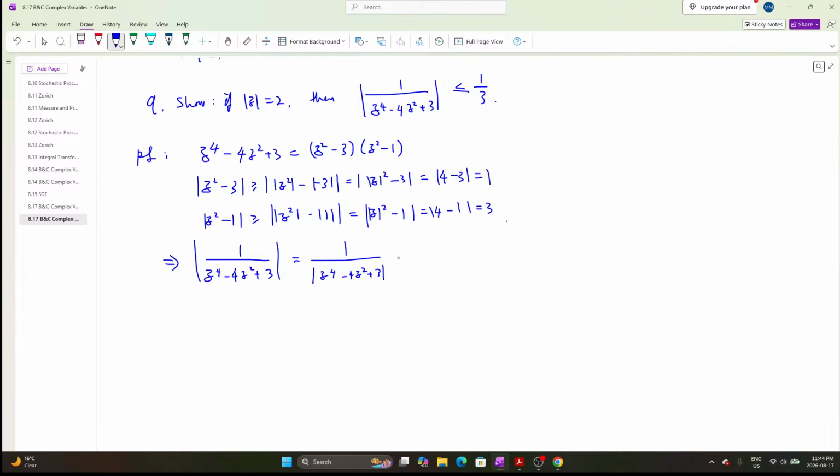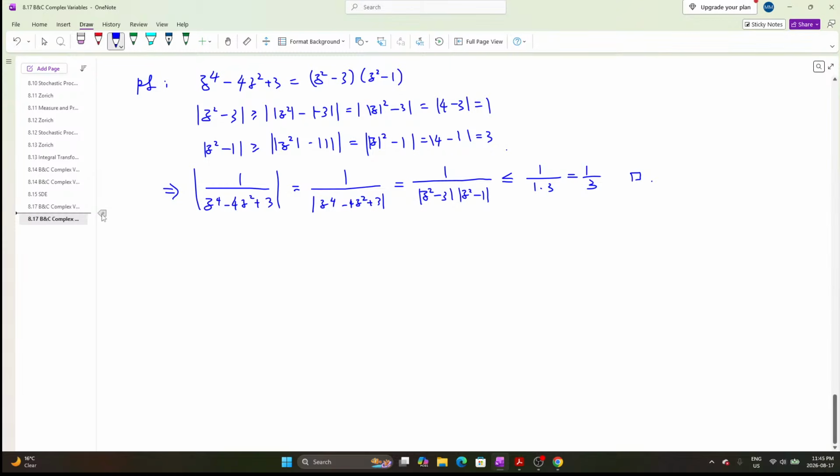Okay, let's keep factorizing. This is the same as |z squared minus 3| times |z squared minus 1|. And this is less than or equal to 1 over 1 times 3, which is 1/3, as needed. And we're done. Okay, nice.